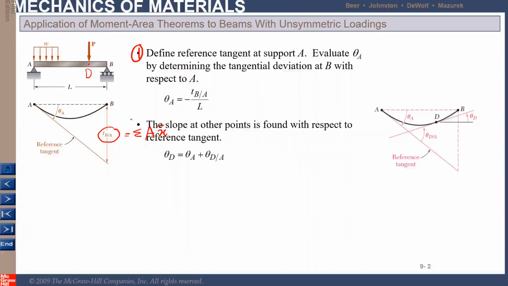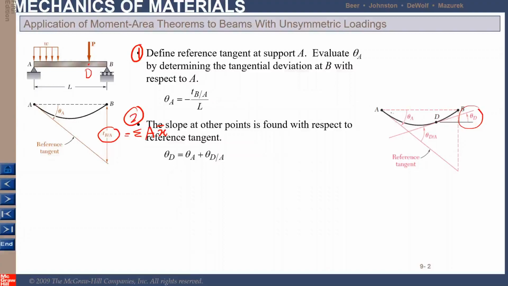For the second part, we need to use theta A in order to find the value of theta D. If we draw theta D, we have a tangent at D here, and this is the value of our theta D. Then we have theta A, which we already calculated from this formula.